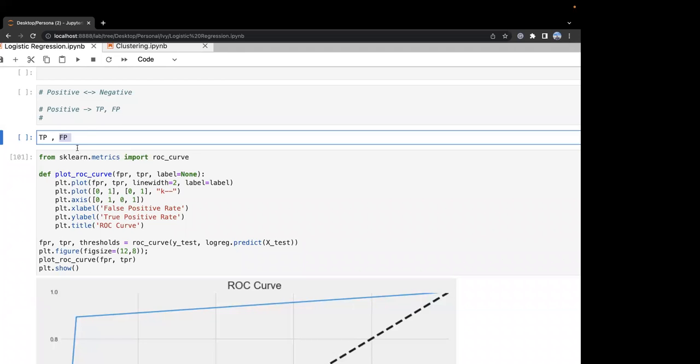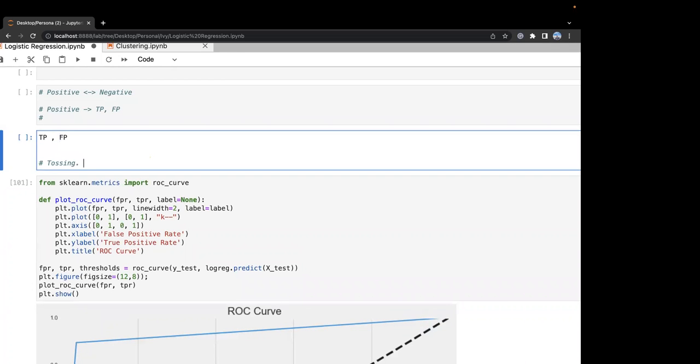Think of a simple idea: if you are tossing a coin and I only say heads all the time, then my true positive rate will be 50% and false positive rate will be 50% for a significant number of samples. Yes or no? Does it mean I can really predict if it will be heads or tails? No, I'm just predicting everything as heads. With my true positives, my false positive count is also increasing.